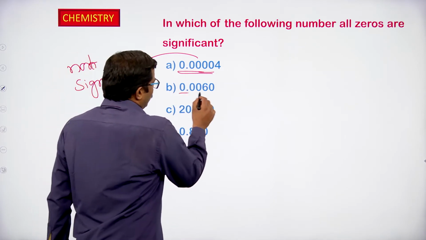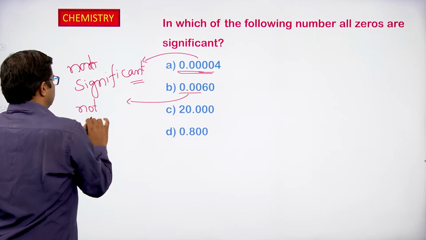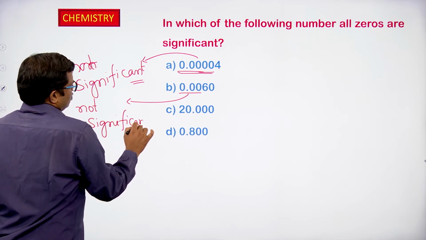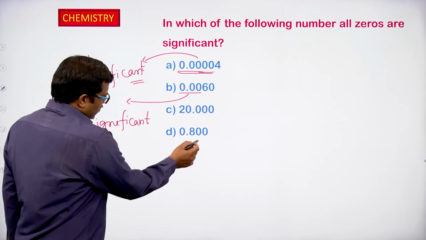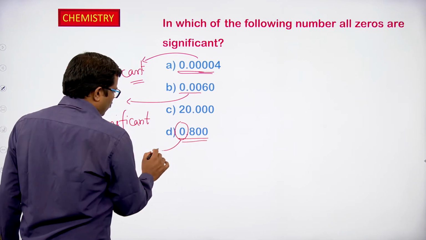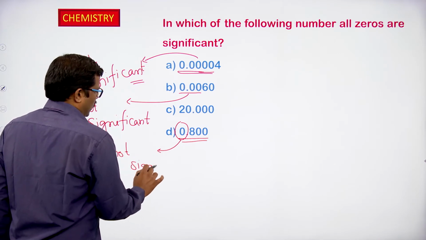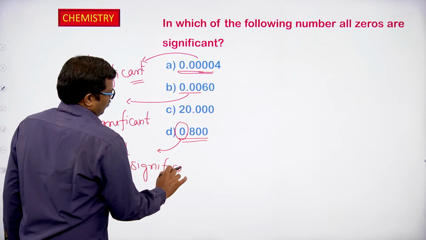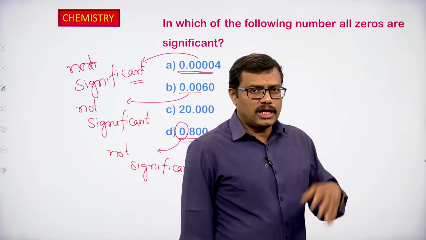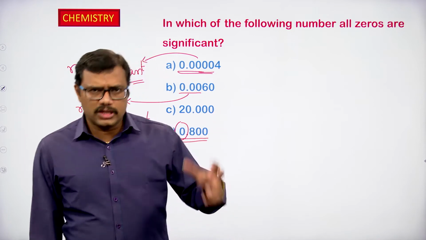Here also we have 4 zeros, 3 zeros are not significant. We have discussed this one, and in the last one also we have 3 zeros, and 1 zero is present before the first non-zero digit, so it is also not significant. Okay. Zeros which precede the first non-zero digit, or are present on the left side of it, are all not significant.